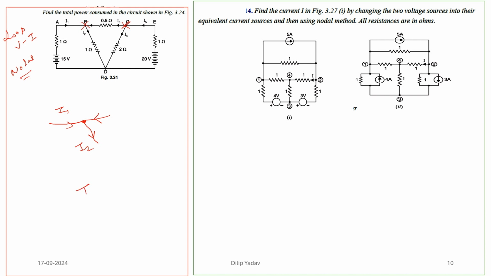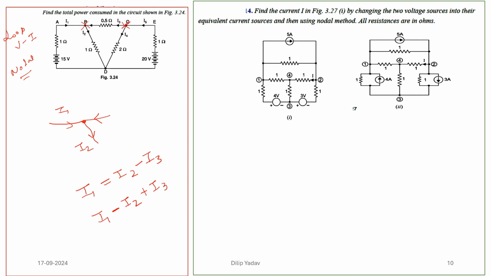How am I going to write this? I1 will be equal to I2 minus I3. I can write it this way, or I can write that whatever is going inside is positive and whatever is going outside is negative. So this one is going inside, so I will take it as positive.